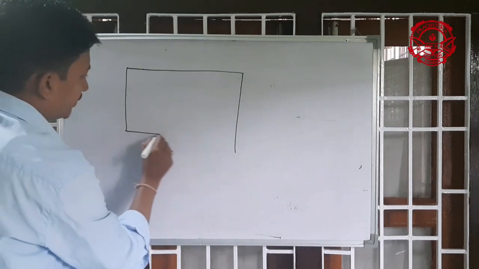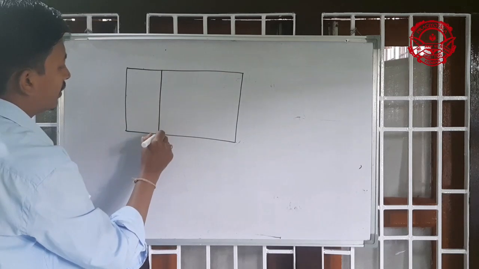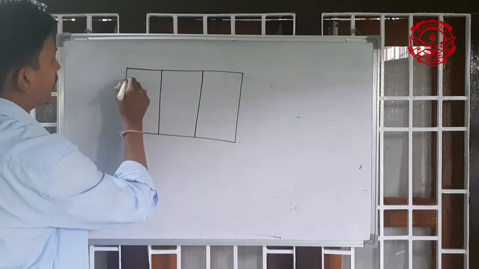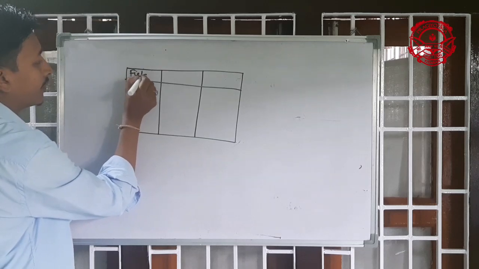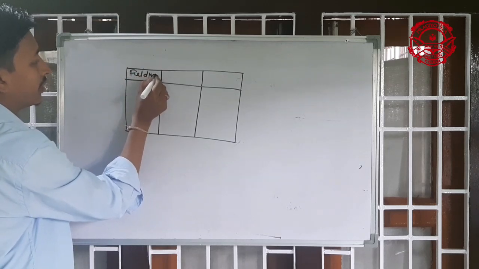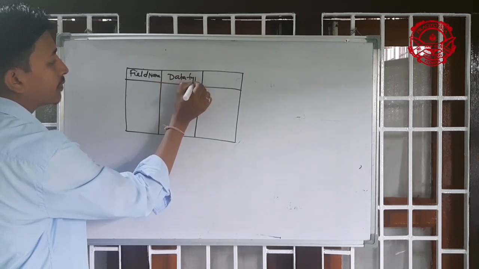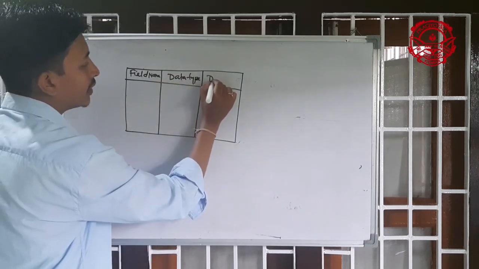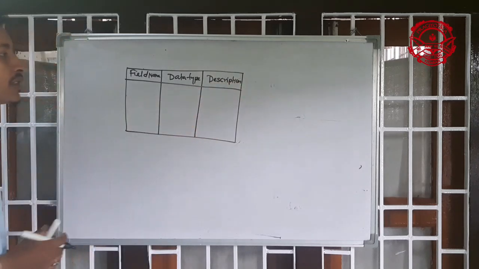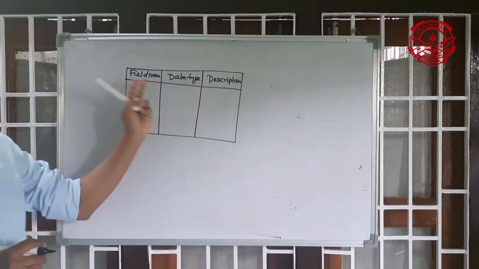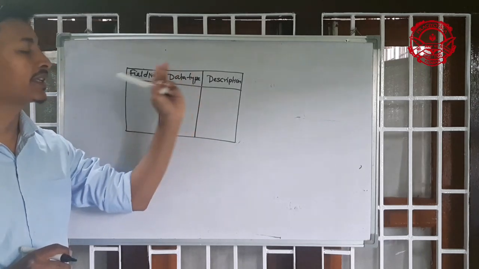Now, there are three fields: field name, data types and descriptions.